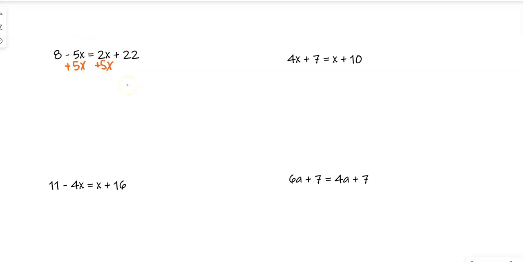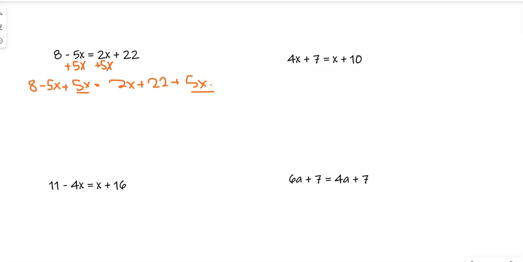It doesn't have to be on the left side, right? So in this case here, we have 8 minus 5x, and then we are adding 5x on this side. And on the other side, we have 2x plus 22, and we are adding 5x. We are adding 5x on both sides.